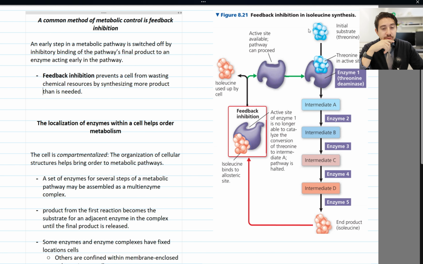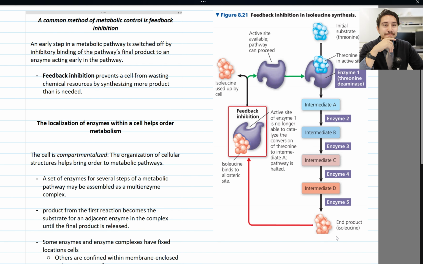What I mean by this: you have your initial substrate. This initial substrate will go through a metabolic pathway and it will undergo several changes with different enzymes. Threonine you have in this active site here. As it changes, it'll go to an enzyme 2, intermediate structure, and so forth until you get an end product, in this case, isoleucine.